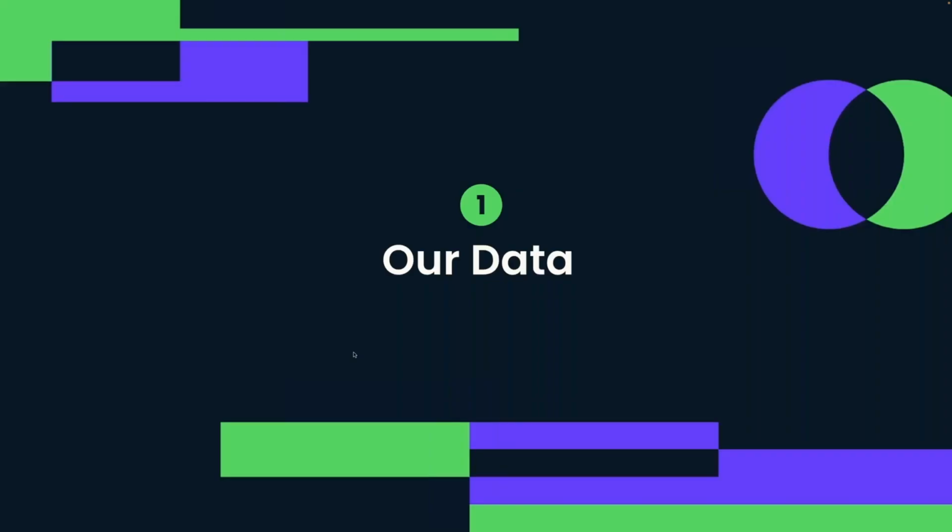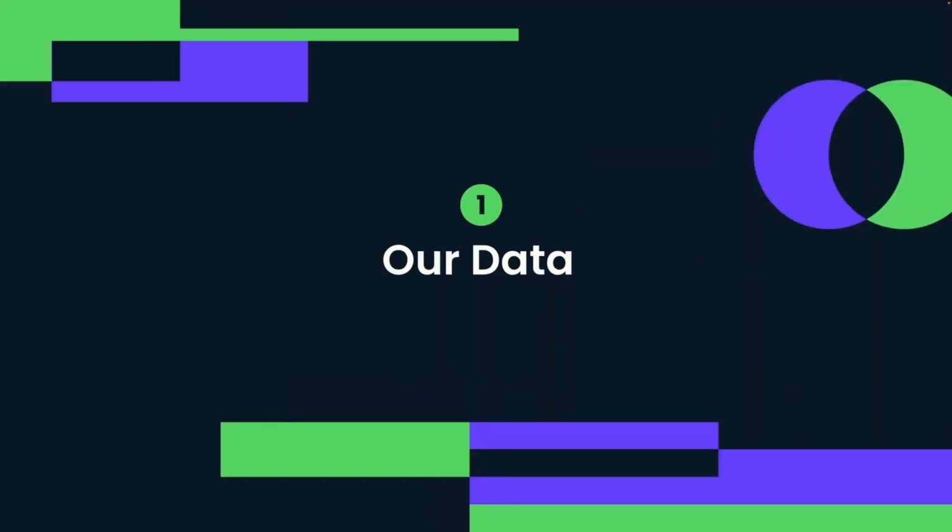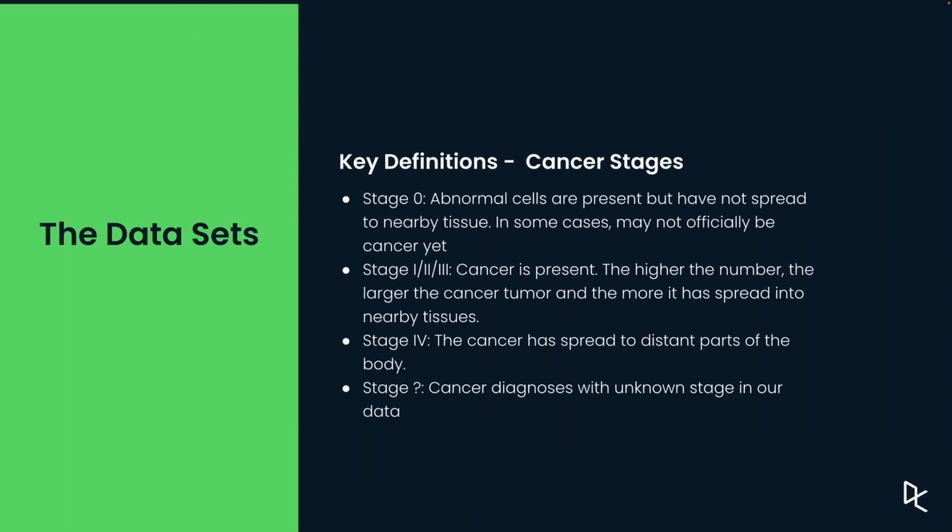So first, let's take a look at our data. Before we look at our actual sheets, I wanted to cover a few key definitions that are really essential for the data we're looking at. Both of our files have cancer broken up by different stages.